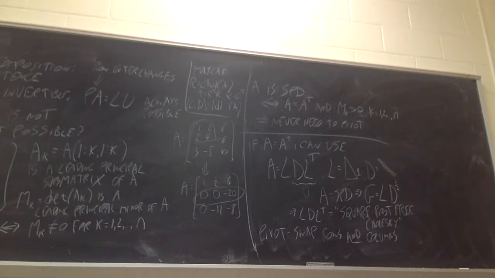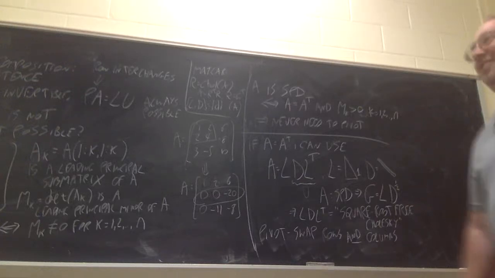Okay. So later when we get to iterative methods, there'll be some iterative methods that are specifically for symmetric or symmetric positive definite systems, such as the famous conjugate gradient method, which will be pretty painful to cover.